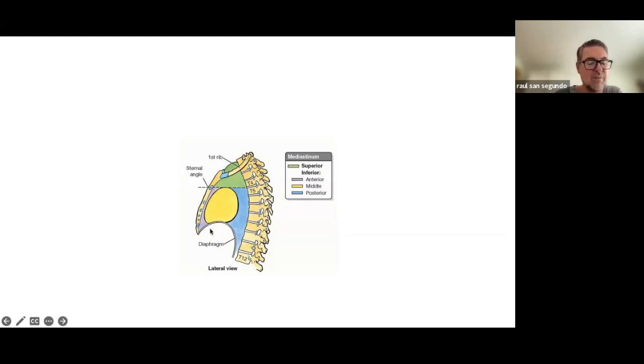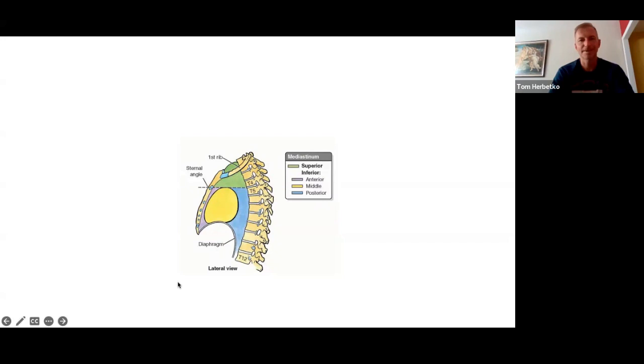Here we got some very strong connections. It's all mixed up, the diaphragm and the mediastinum. That's something that I do practically always with my patients, review diaphragm and the mediastinum.